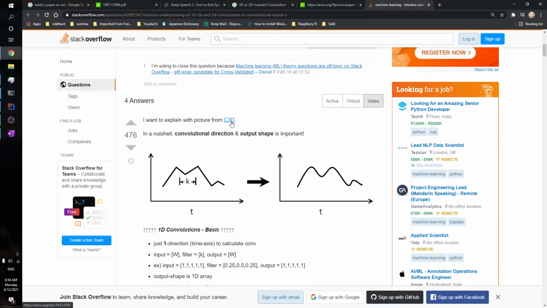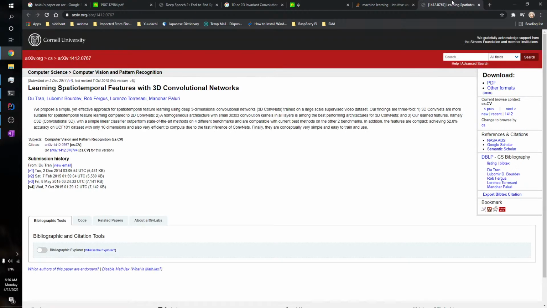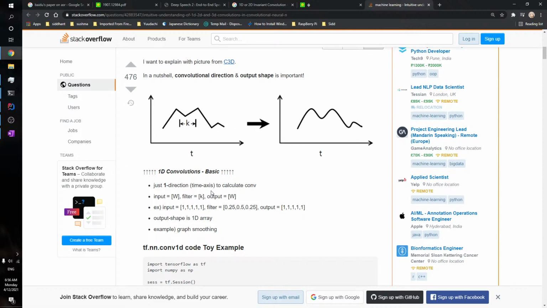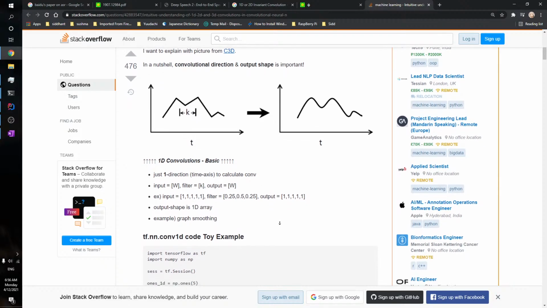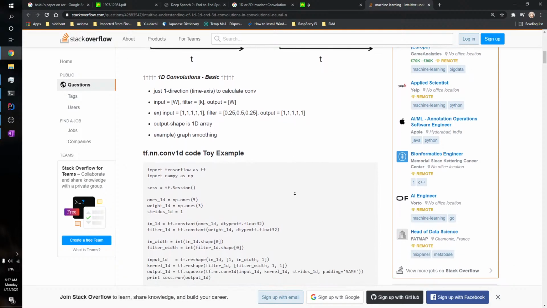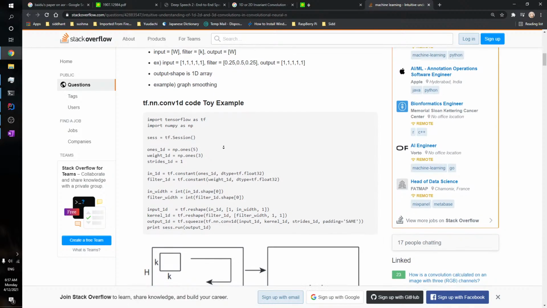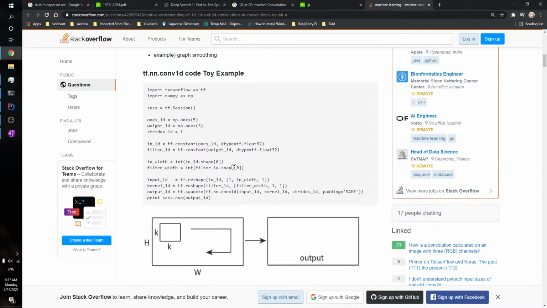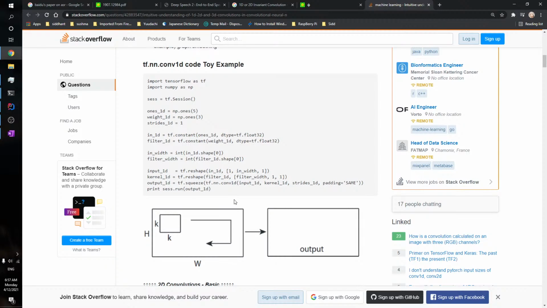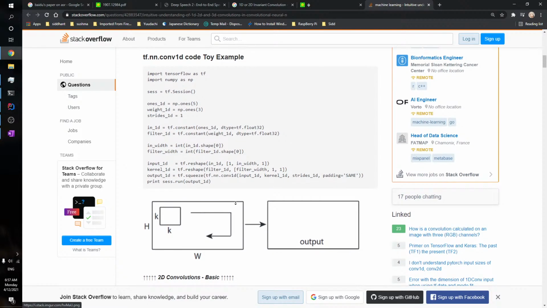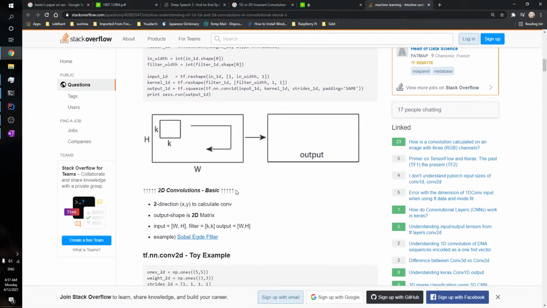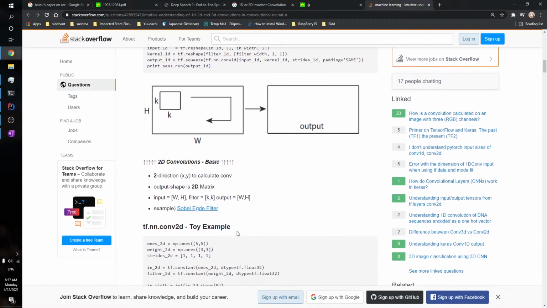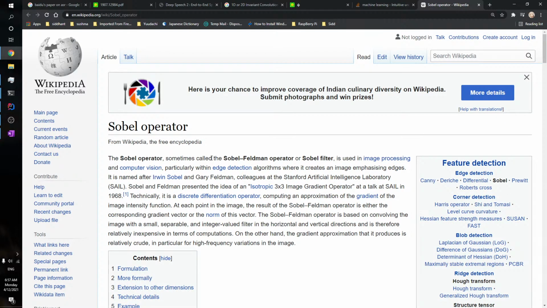So, let's see. Right. Emphasizing edges.